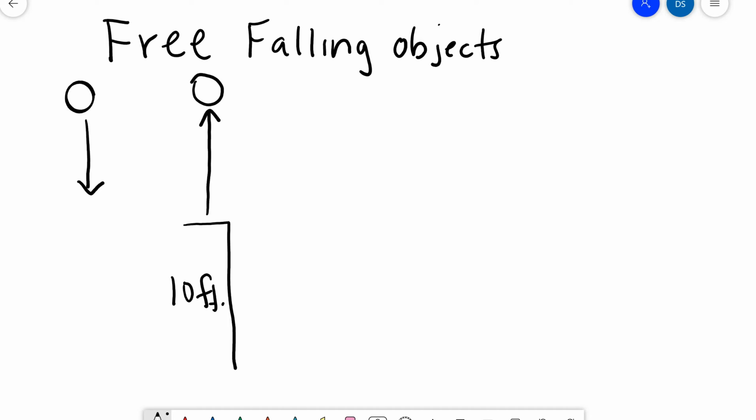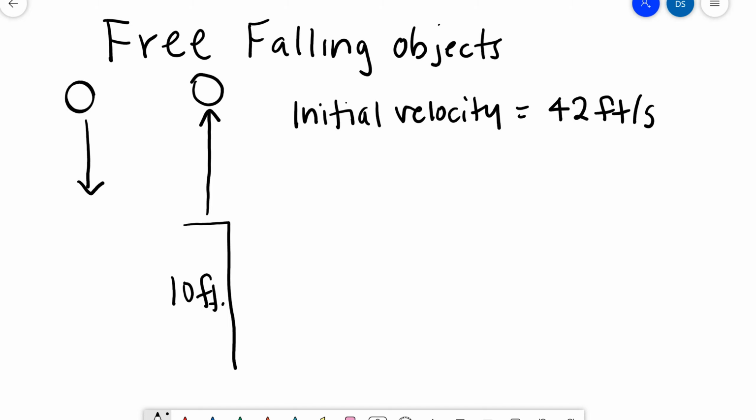Now, it's shot up in the air at an initial velocity of, let's say, since we're in feet, 42 feet per second.